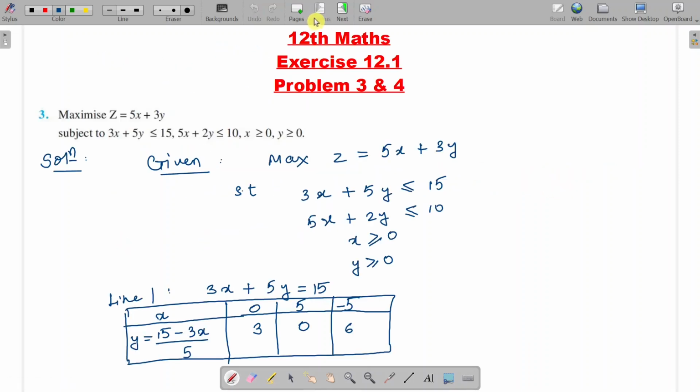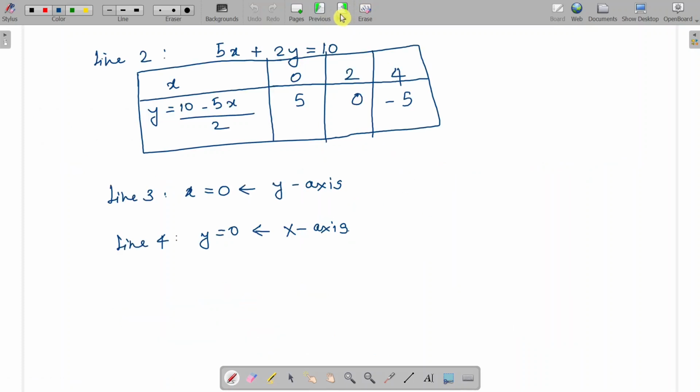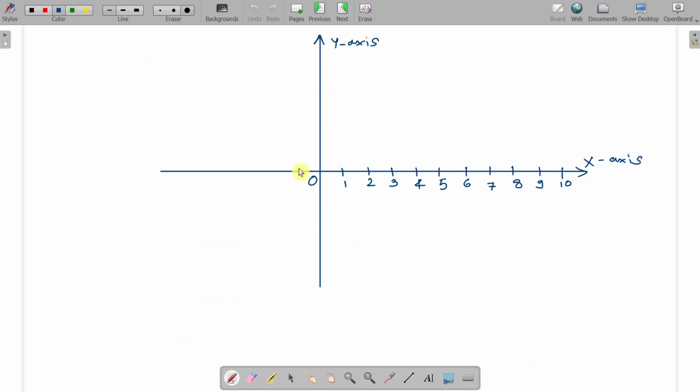So that is for the x-axis. Here you will get -1, -2, -3, -4, -5. Okay, then here it is 1, 2, 3, 4, 5, 6, and here it is -1, -2, -3, -4, -5.